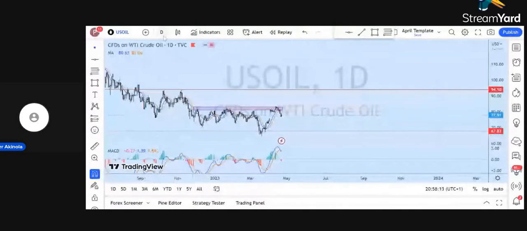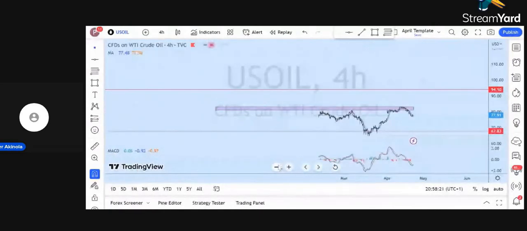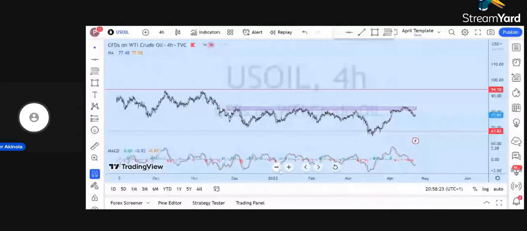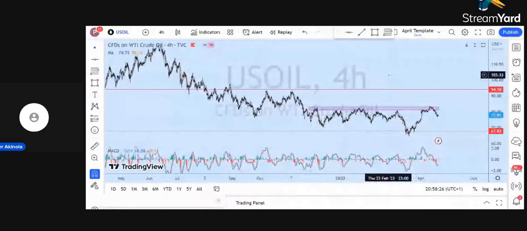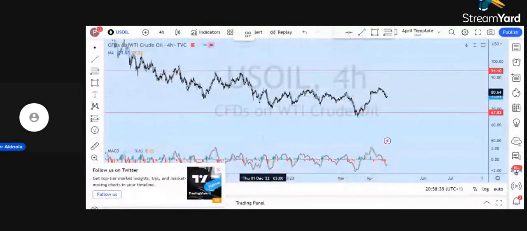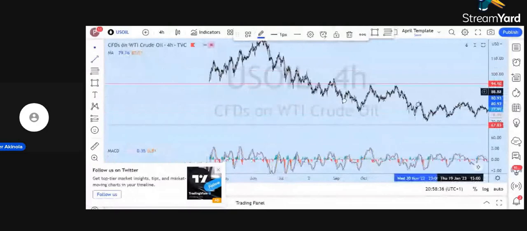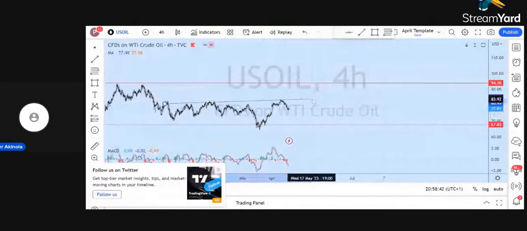Let's go to H4, 4 hours. So like I said, I will not take a trade in between. Especially if we look at it this way. If I delete this and make it a single line, we will see that we're probably in a horizontal channel, and I will not want to take a trade in the middle of a channel.